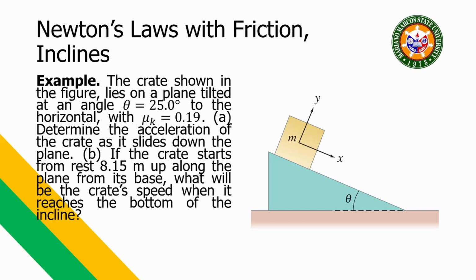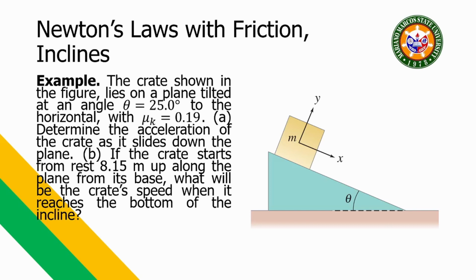So, we have here this example. The crate shown in the figure lies on a plane tilted at an angle theta equal to 25 degrees with respect to the horizontal, and mu_k, the coefficient of kinetic friction, is equal to 0.19.